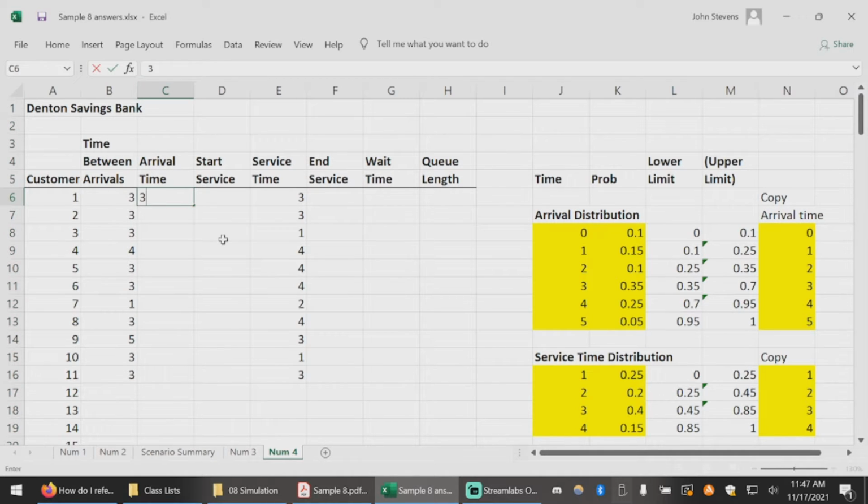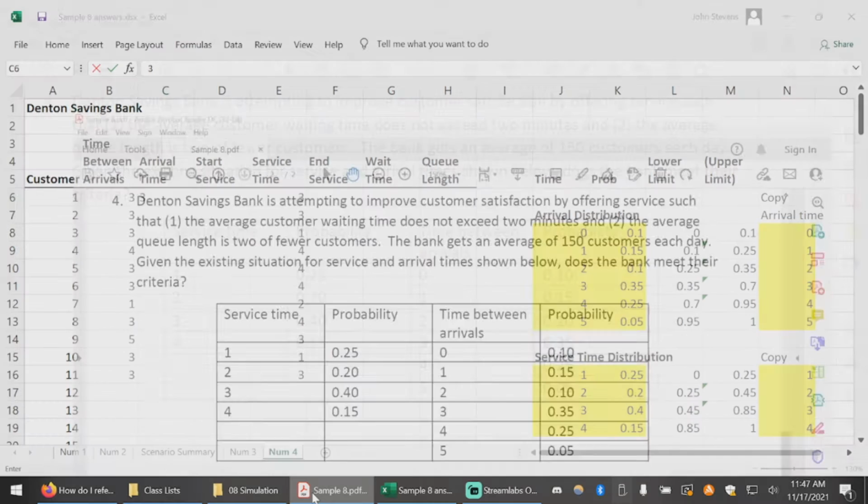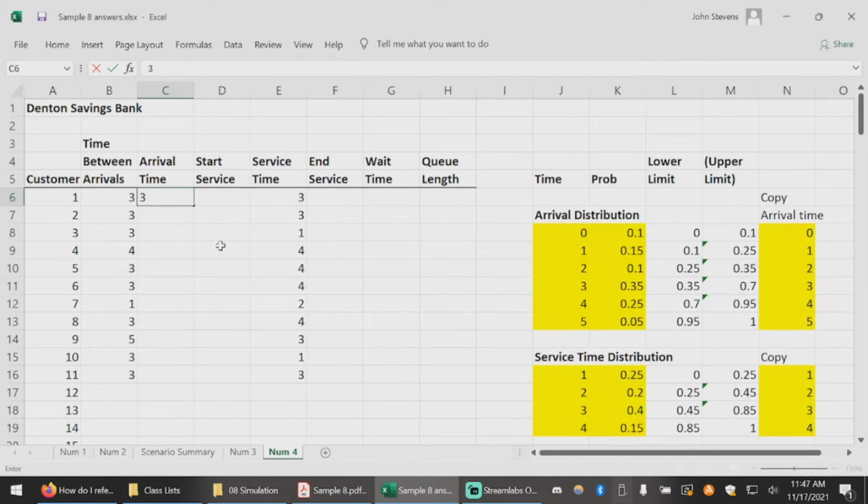Now I'm going to manually put these in for now, before we worry about a formula, just to get an idea of what we're doing here. We're keeping track of the timestamps of how this day progresses. So what was it? Minutes? Minutes, yes. So 3 minutes into the day, the first person arrives.